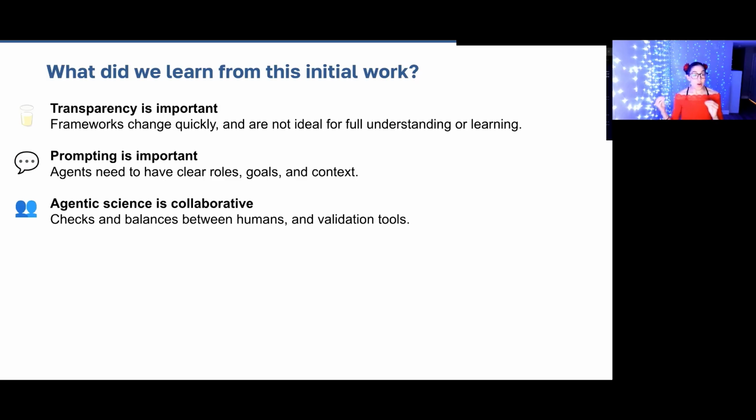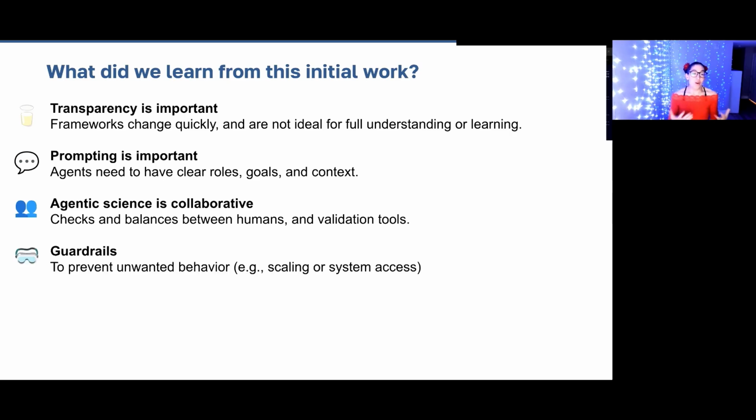There are parts where you may want a human to come in and take a look at something. You also want to bring in human expertise via the tools that you make available to agents. And then, of course, guardrails. You need to have these guardrails in so that your agent doesn't just go totally off the walls and scale to 1,000 nodes, for example, or delete your entire operating system, and you will have a very bad day.